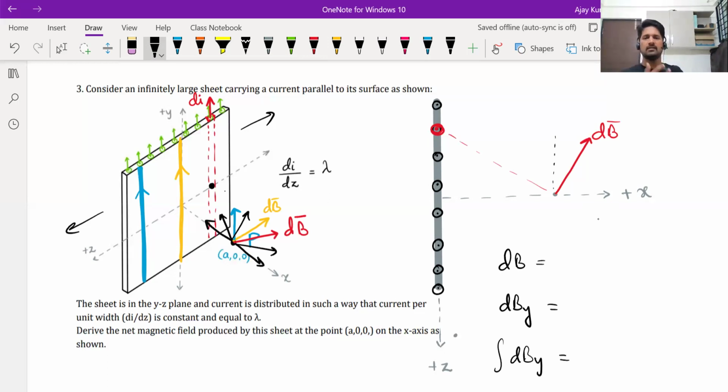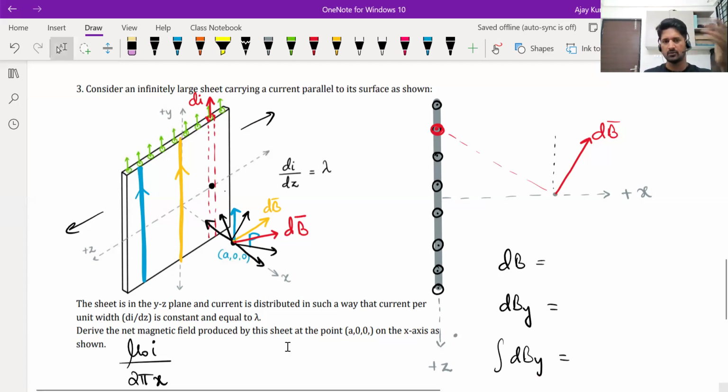Let us take the next step. These are all straight currents. We know the formula for magnetic field produced by a straight infinite current, mu naught I by 2 pi x. So tell me, how should we write dB now? Can we write the total current I, or what is the current in that element or section that we have considered?